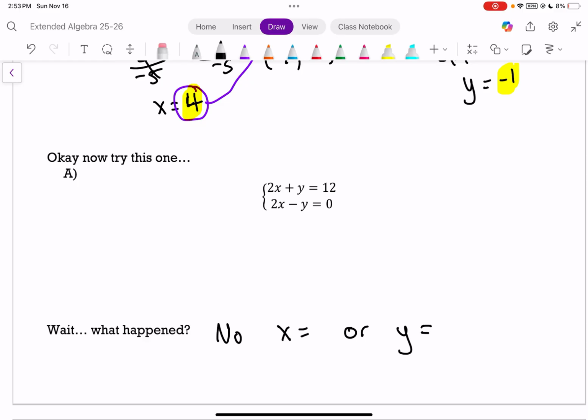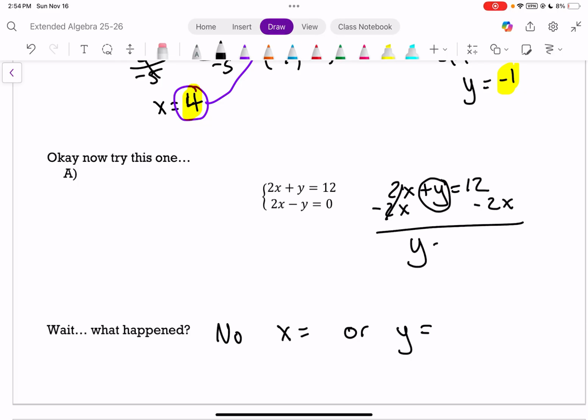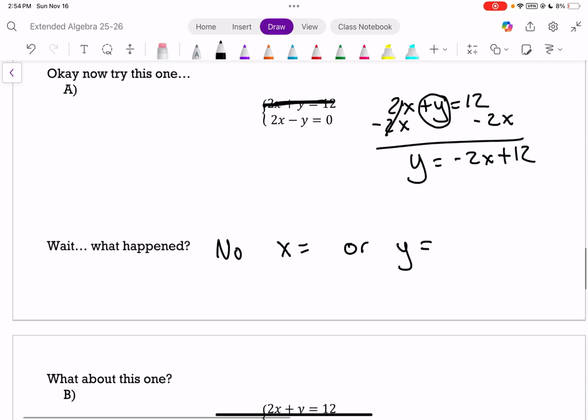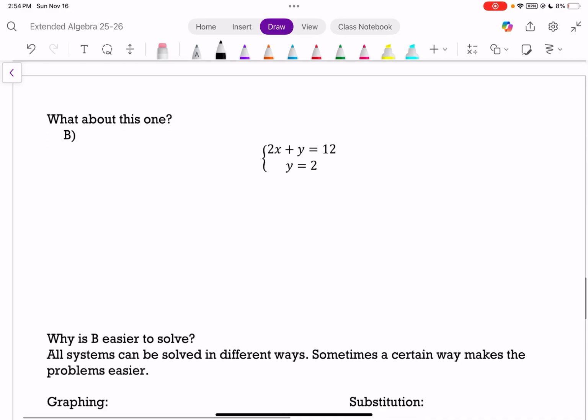Like I could change 2x plus y equals 12, and I could try to get that y by itself. So I'm going to subtract 2x. Okay, so I would have y equals negative 2x plus 12. I could replace that in that second problem, but this just becomes more complicated, okay? And so this is much easier.